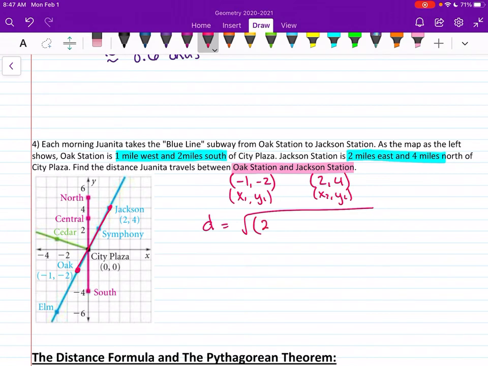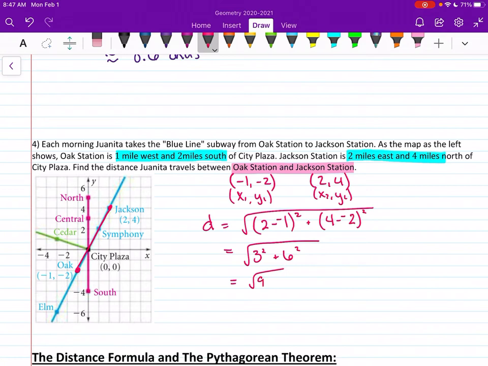So x2 is 2 minus x1 which is -1, squared, plus y2 minus y1 squared. So now I get, with the -2, 2 negatives become positive, 3 squared plus 6 squared.